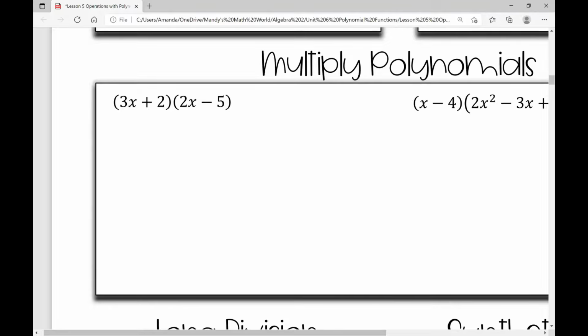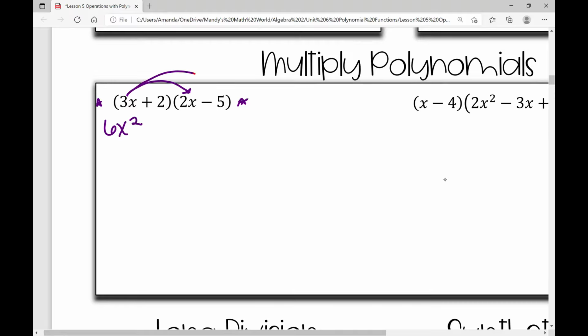And it helps us to remember to multiply every term in this binomial times every term in this binomial. First terms, outside terms, inside terms, last terms. So I'm going to do it like this. 3x, we're going to multiply by 2x, and I get 6x squared.